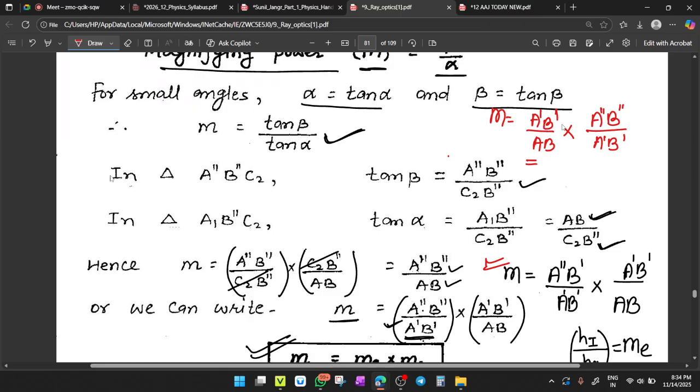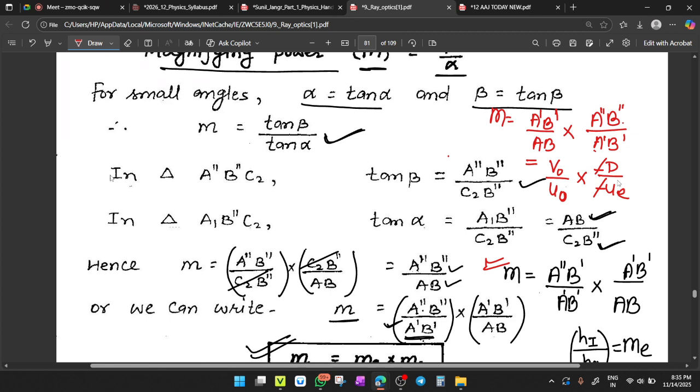A dash B dash upon AB is equal to VO upon UO, the image distance by the object distance for the objective lens. And A double dash B double dash equals minus D, and A dash B dash equals minus UE.